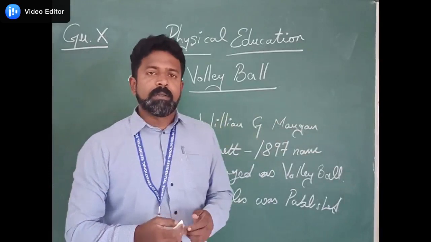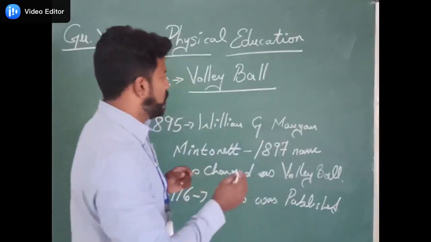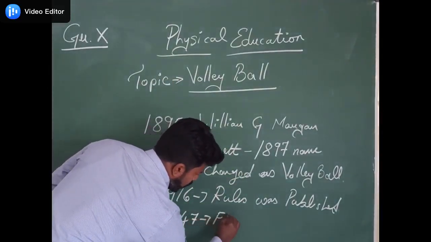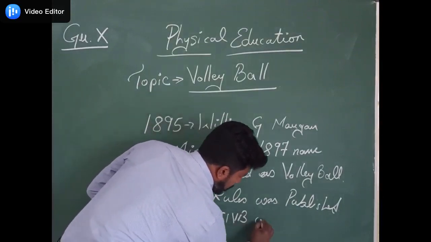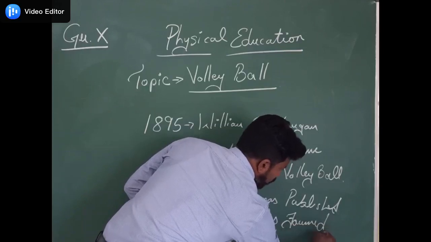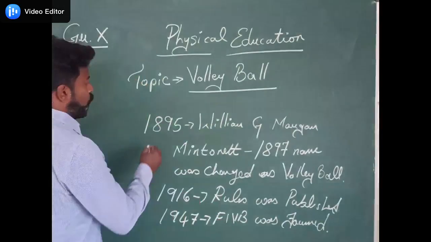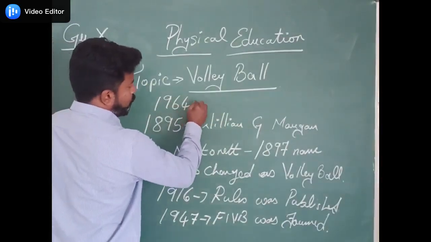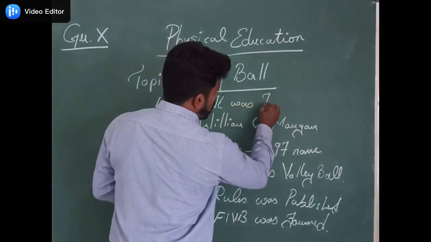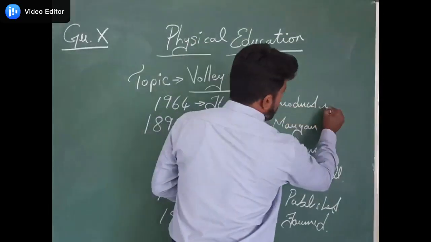And in the year 1947, FIVB was formed. And in the year 1964, it was introduced in the Olympics.